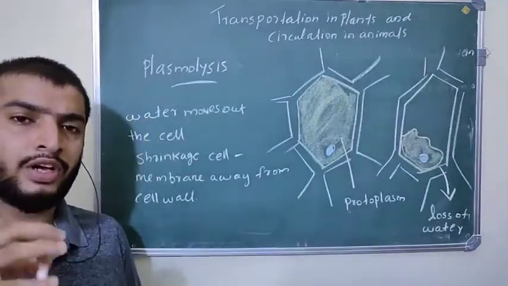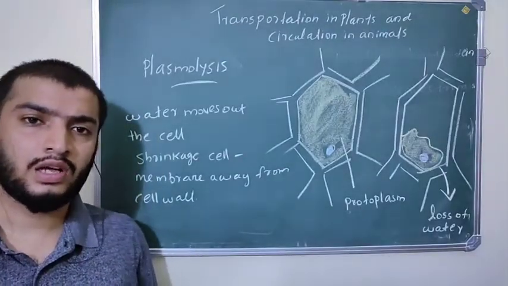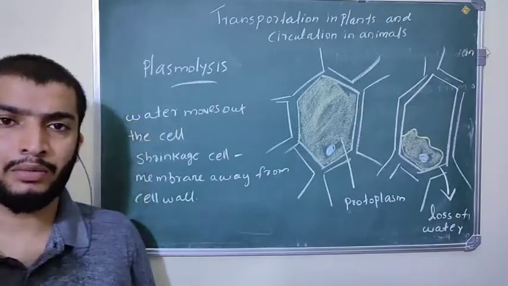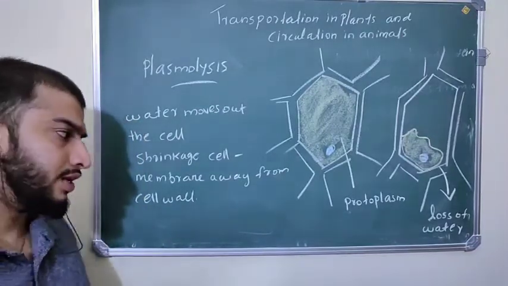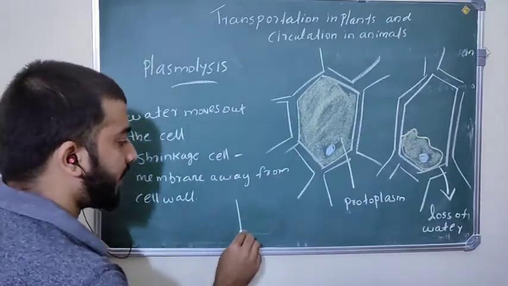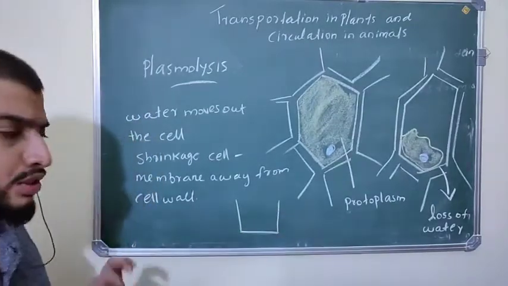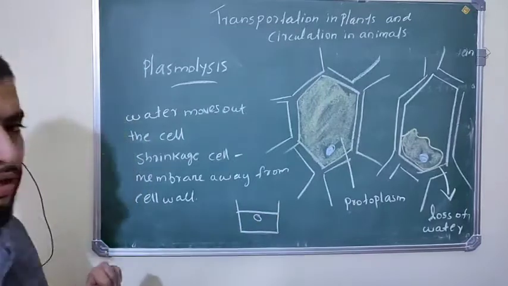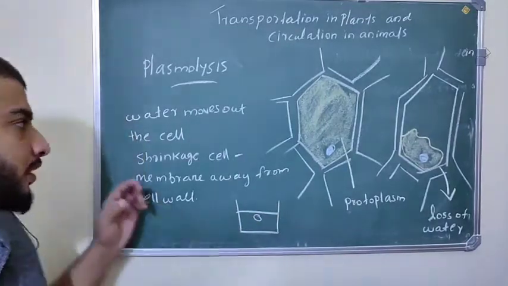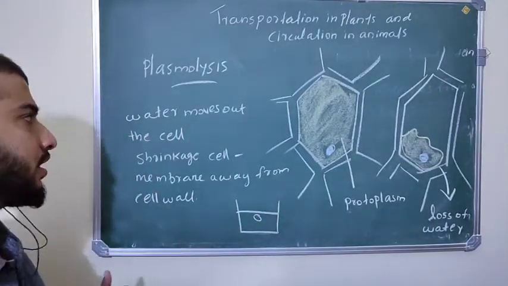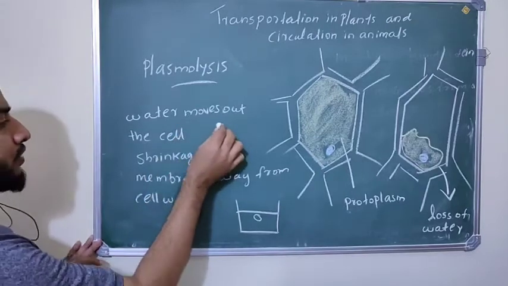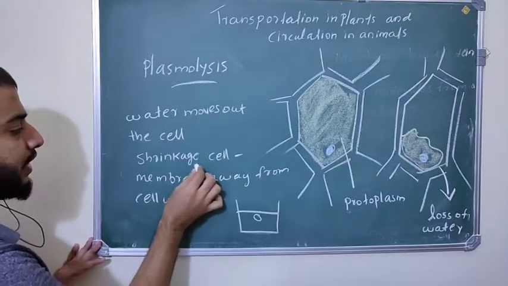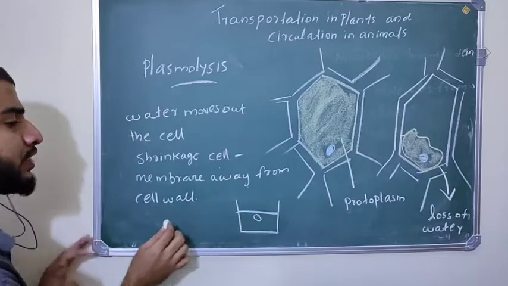The next term we are going to study is plasmolysis. So what is meant by plasmolysis? For example, you take a highly concentrated solution and put a plant cell in this solution. What is going to happen? Plasmolysis takes place. Water moves out of the cell and the cell membrane shrinks away from the cell wall.